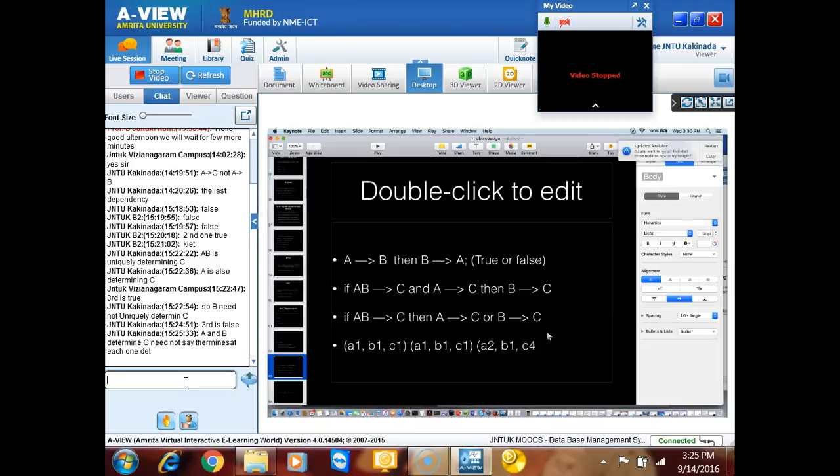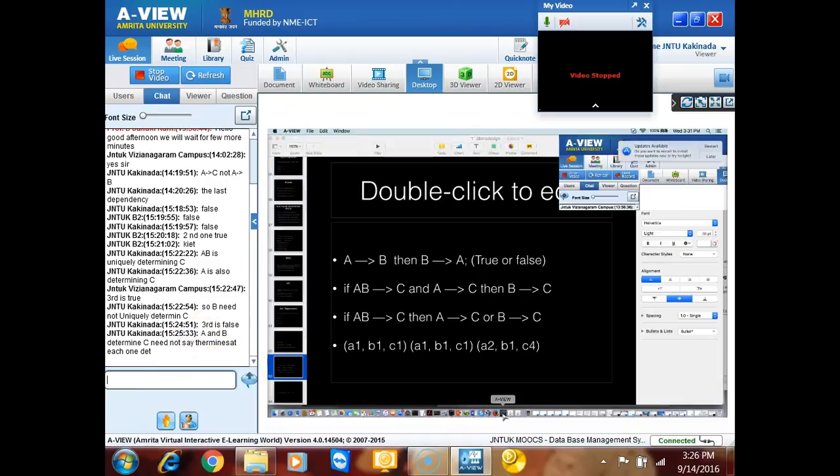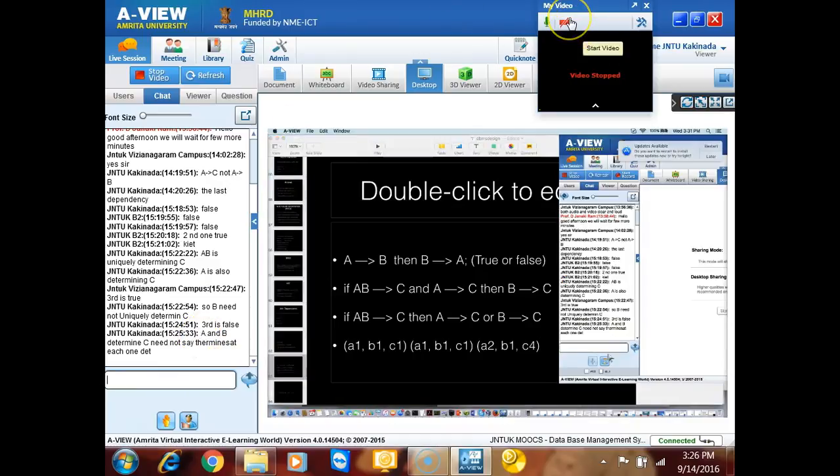You can easily have, for example, the value A2, B1, which will be some C4.